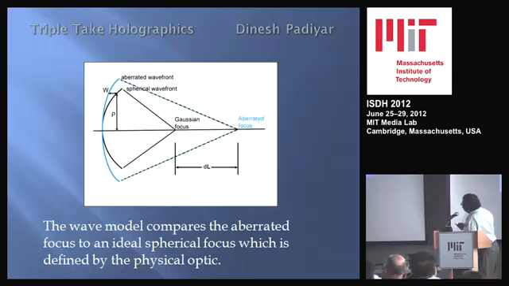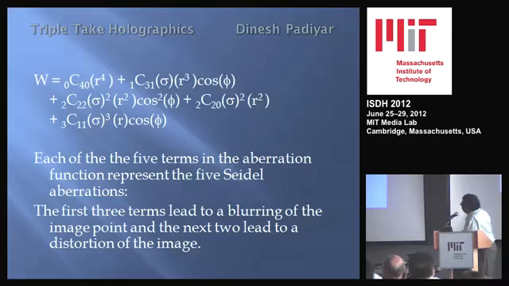The further away you go from the axis, the greater is the difference, and that difference is denoted by W, which is a measure of the aberration. And W can then be given by the Seidel aberration equation. Each term in this equation represents a particular aberration. The first three terms are spherical aberration, coma, and astigmatism, and these cause a blurring of the image. The next two terms, the field curvature and the distortion, cause a distortion of planar objects.